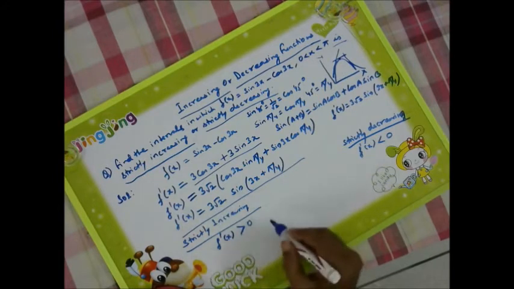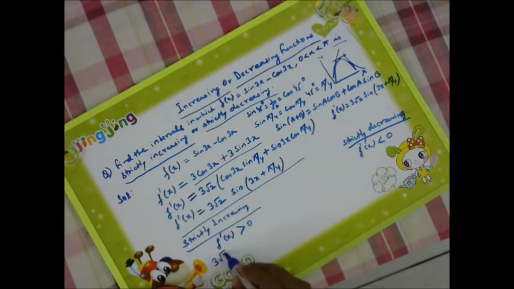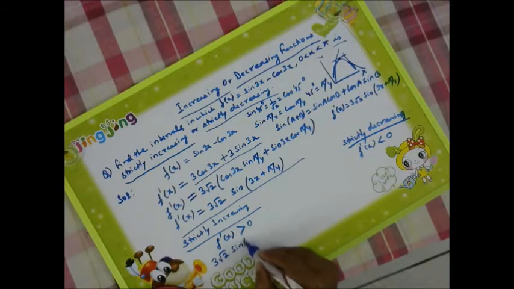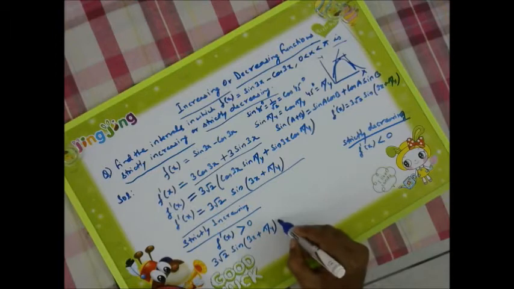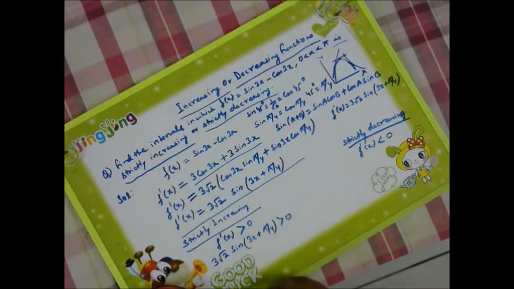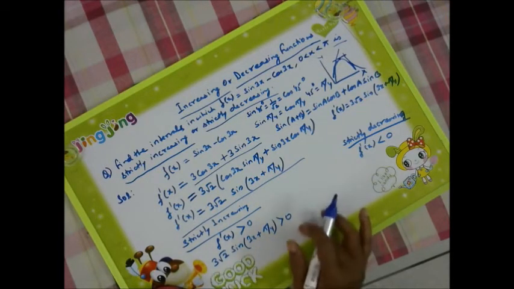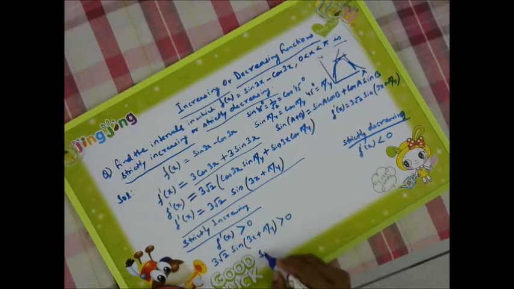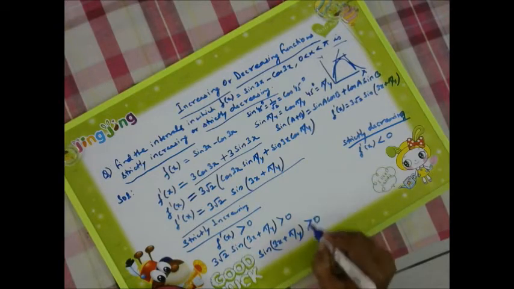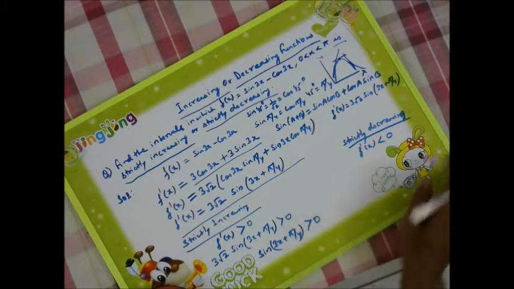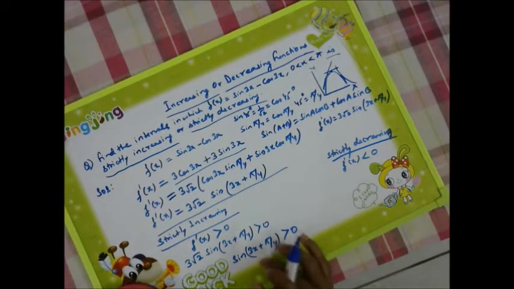It means 3 root 2 sin(3x plus pi by 4) is greater than 0. If we divide both sides by 3 root 2, we will get sin(3x plus pi by 4) should be greater than 0.